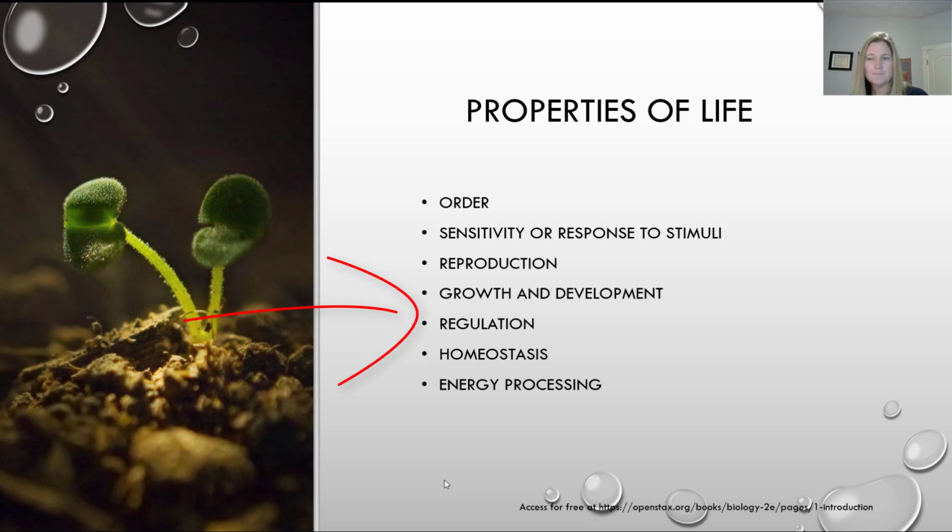We'll talk about that, as well as maintain homeostasis, maintaining internal conditions while the environment is changing around that organism. And then all living things process energy. We're going to go through each one of these properties of life in detail. If you didn't get the whole list, that's okay. We're going to start with the first one, order.